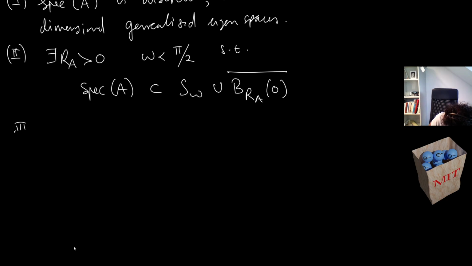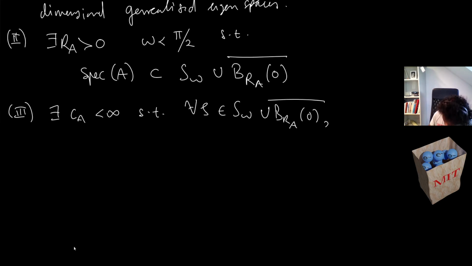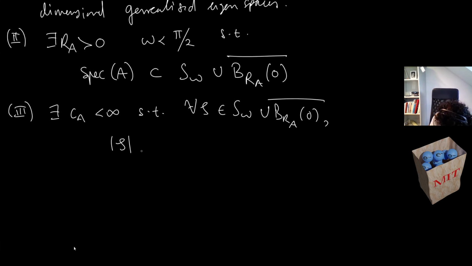The third point is there exists now some finite constant such that for all zeta outside of this closed sector union a ball, the resolvent estimate holds.